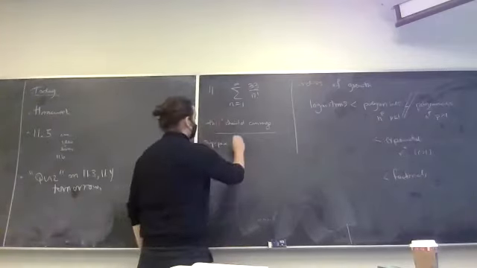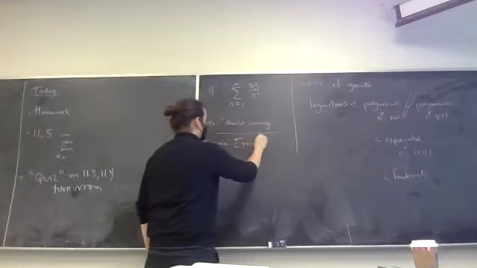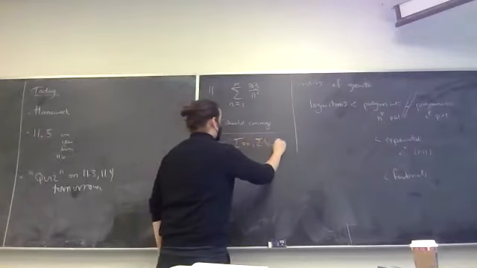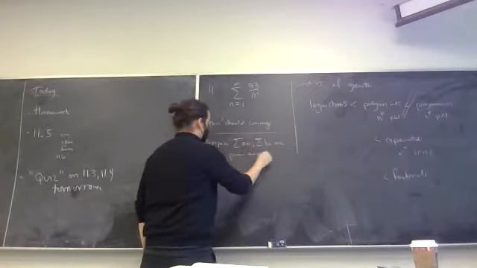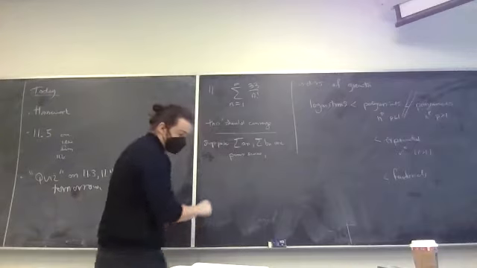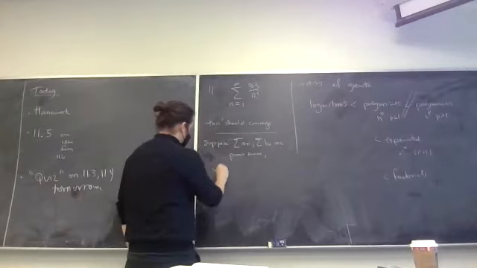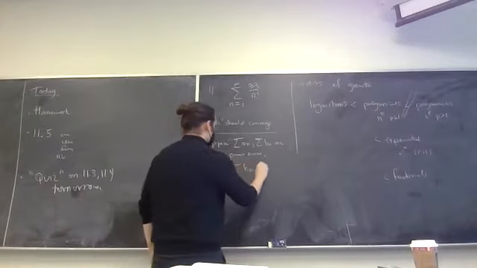So what it says is this. Suppose that an and bn are power series, and bn is a convergent sum.